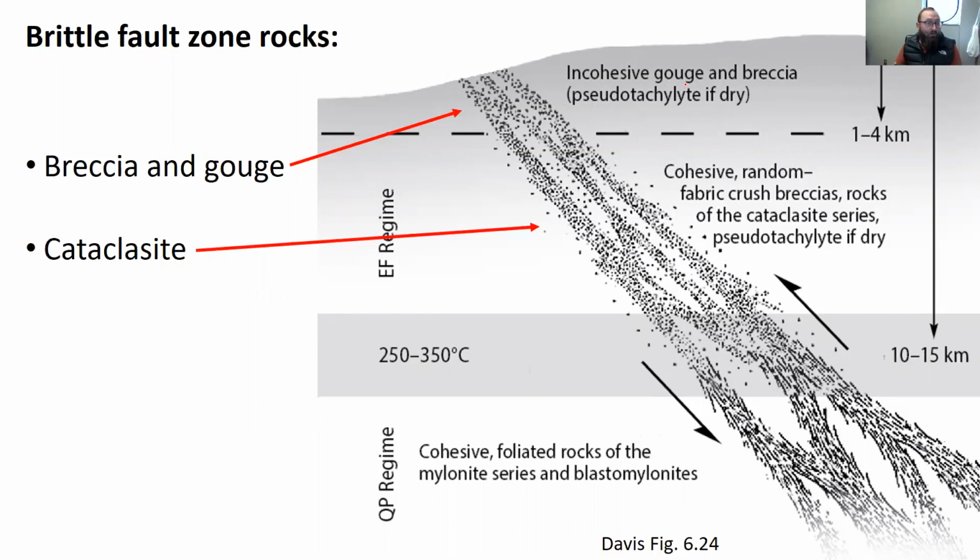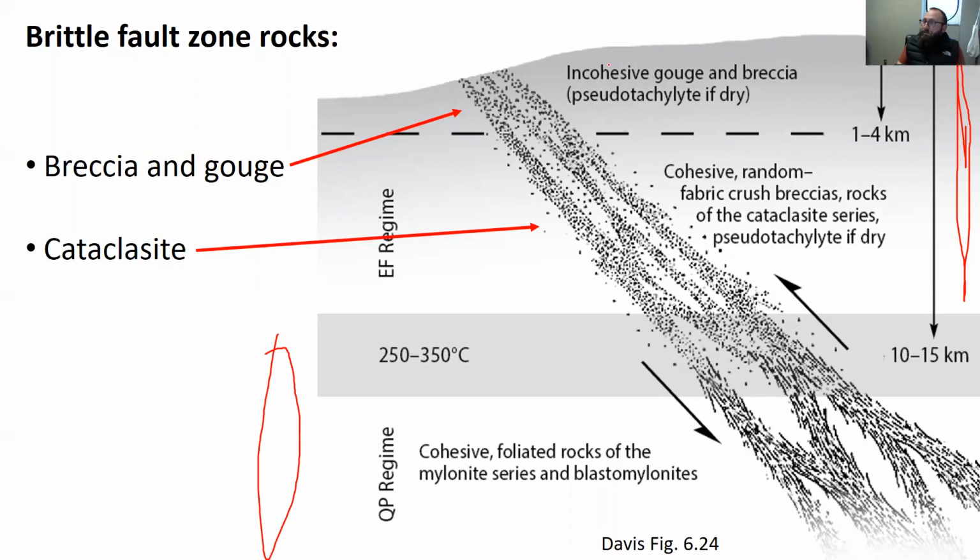So the focus of the rocks that we're going to talk about today are fault rocks that are formed under conditions that cause the rocks to be damaged in a brittle fashion, in this realm up here. Later in the semester, we'll cover fault rocks that are formed at deeper conditions down here and formed during ductile deformation when we talk about shear zones.